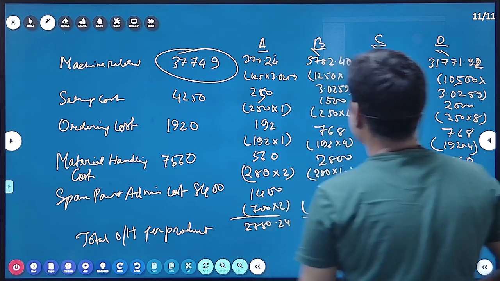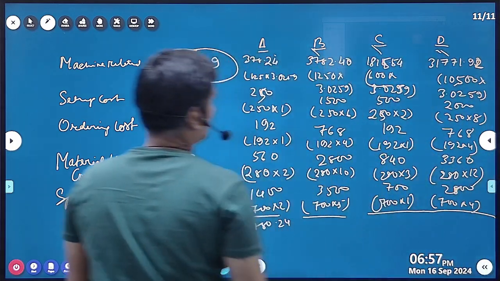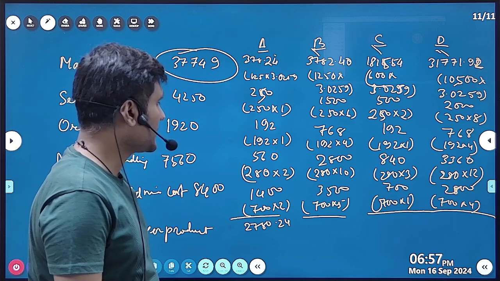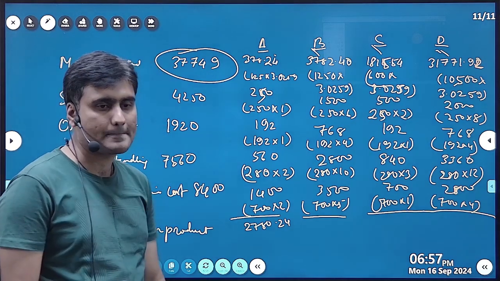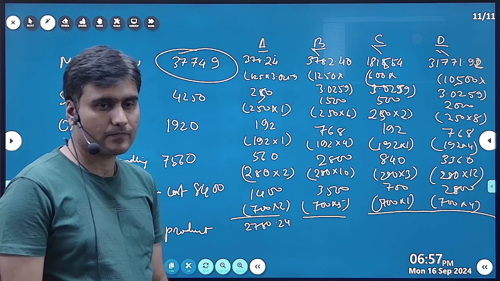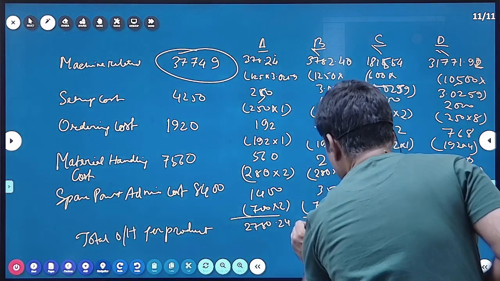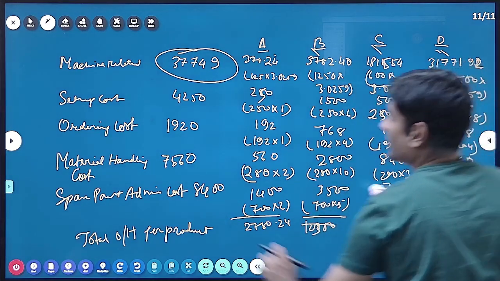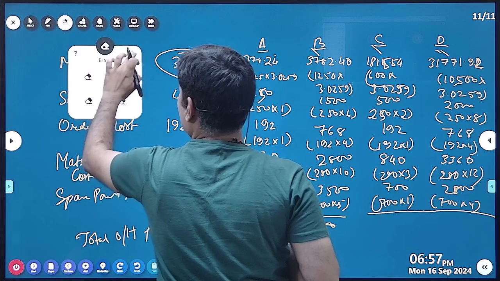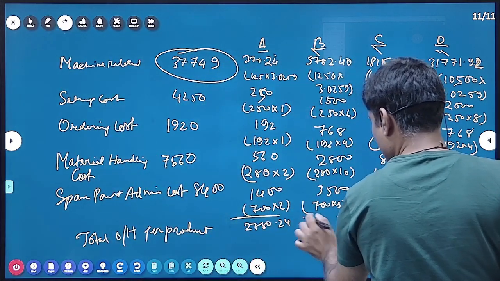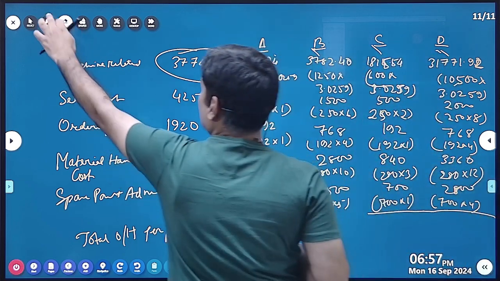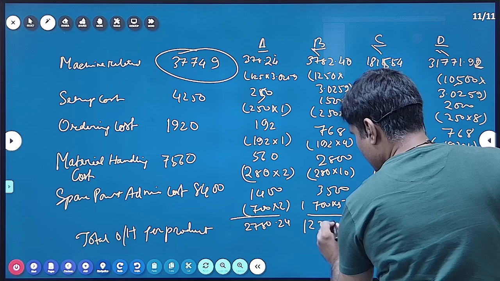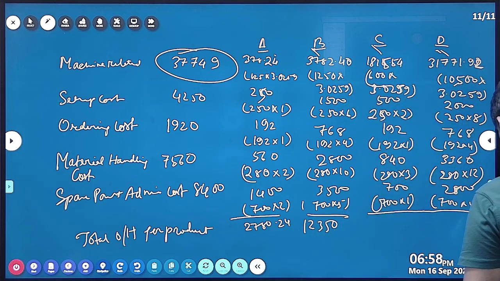Then next is 3782.4 plus 1500 plus 768 plus 2800 plus 3500. 12350.4.